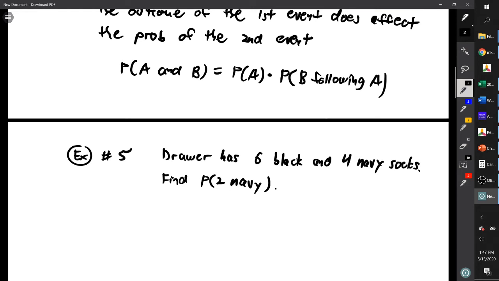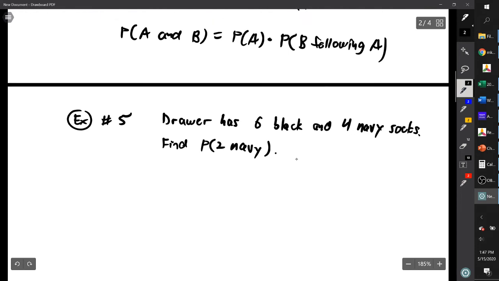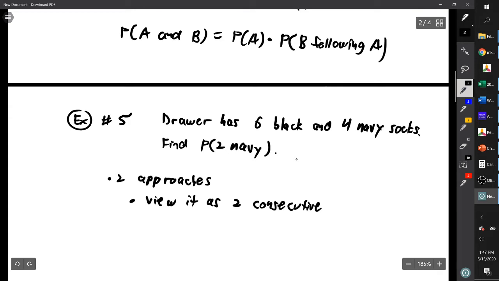So you can look at this 2 different ways. Let's say 2 approaches. The first one is to view it as 2 consecutive events.